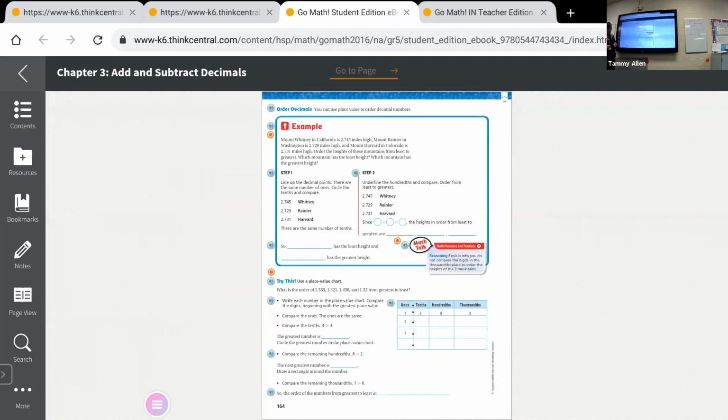So as we take a look at the next one, we have three numbers that we are comparing. We line up our decimal points. The ones are all equal because there's a 2 in all of the ones places. There's 7 tenths. And now we look at the hundredths place.